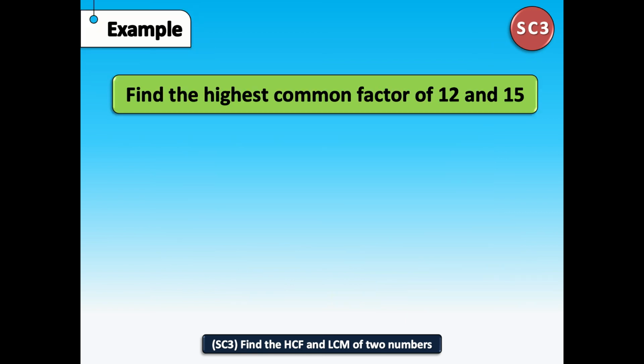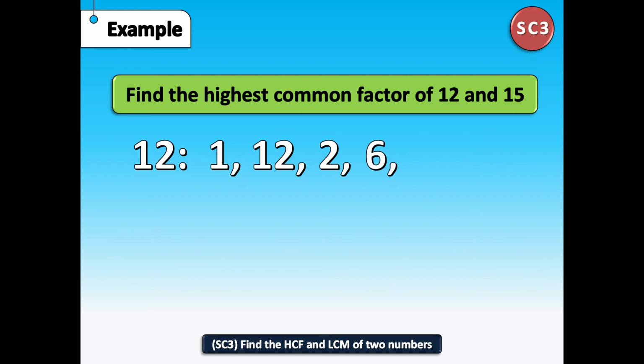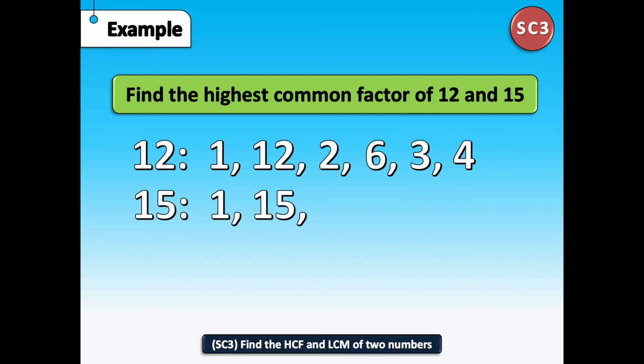So here we want to find the highest common factor of 12 and 15. So we start by writing out the factors of 12, which would be 1 and 12, 2 and 6, and 3 and 4. The factors of 15 would be 1 and 15, 3 and 5.